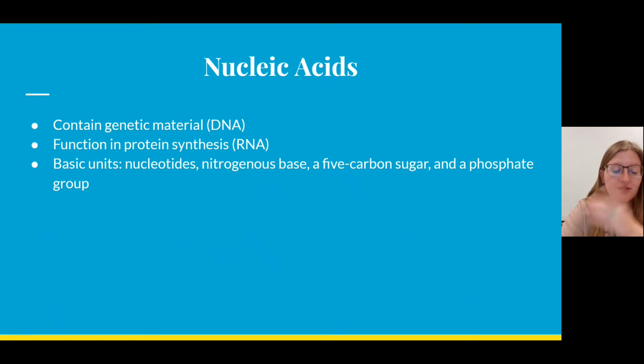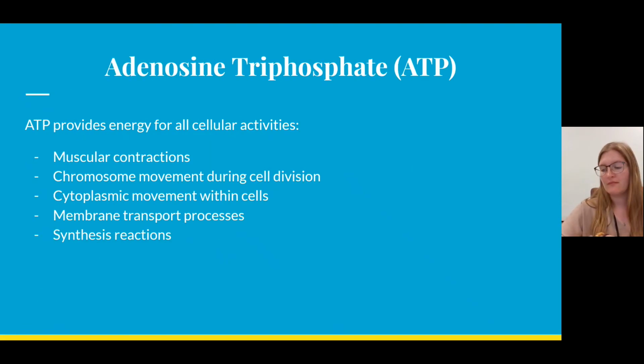The basic unit of nucleic acids are nucleotides composed of a nitrogenous base, a 5-carbon sugar, and a phosphate group. Adenosine triphosphate, or ATP, is the principal energy transferring molecule in living systems.